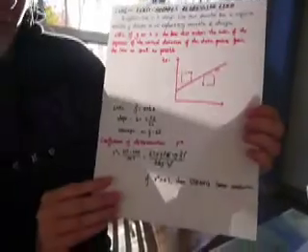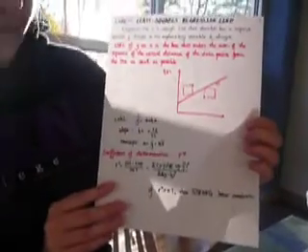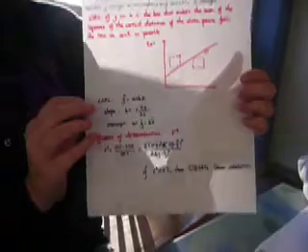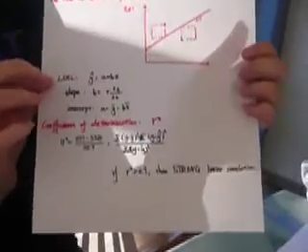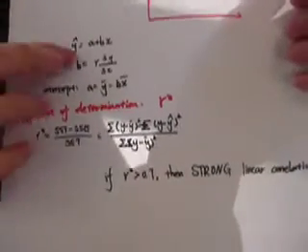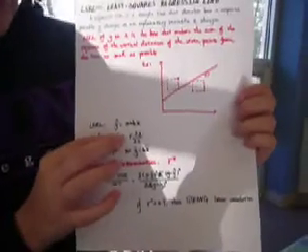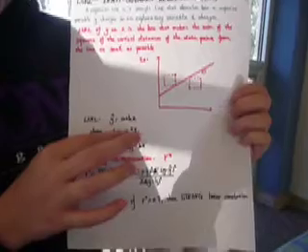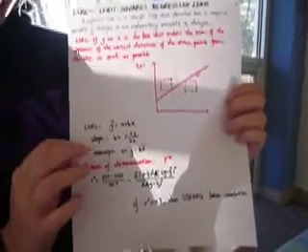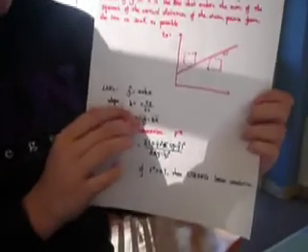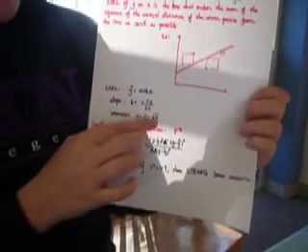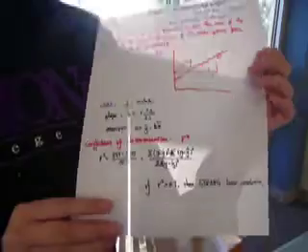We can find the least squares regression line with a few simple formulas. Here is the formula for the least squares regression line: y hat equals a plus bx. The slope of this line is b equals r times the standard deviation of y over the standard deviation of x. The intercept is a equals y bar minus b x bar.